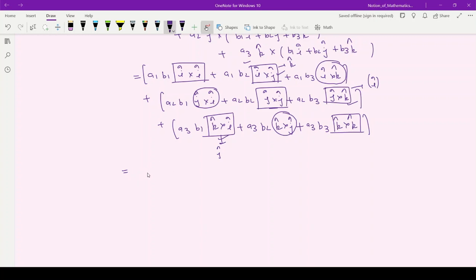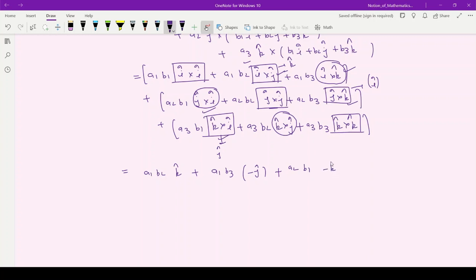I am writing that A1 B2, this is K cap, plus A1 B3, I cross K is what? I cross K is minus J cap, plus this one A2 B1, J cross I is what?